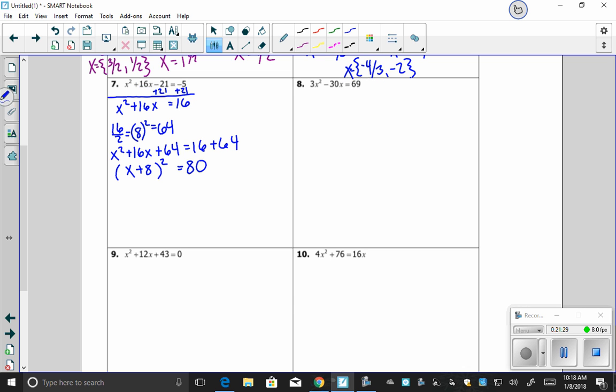Square root both sides. And you're left with x plus 8 equals plus or minus the square root of 80. Break it up.